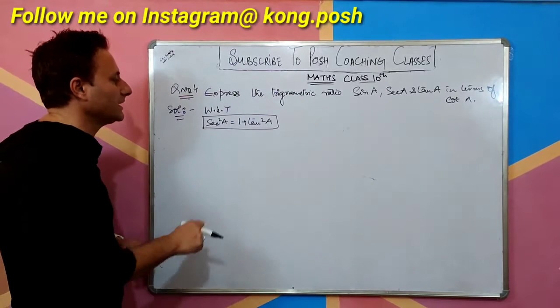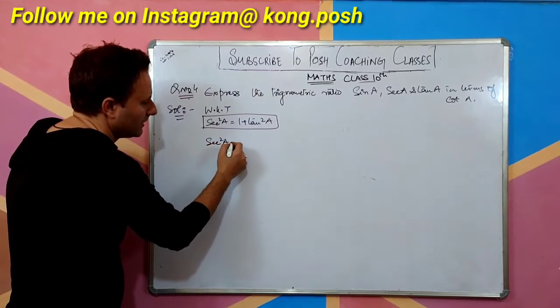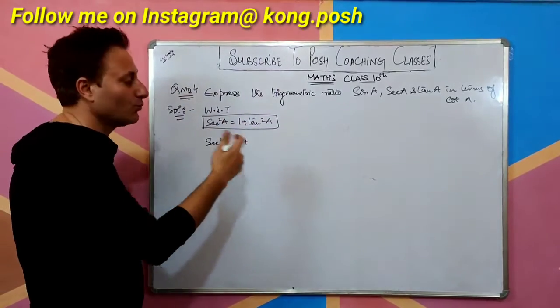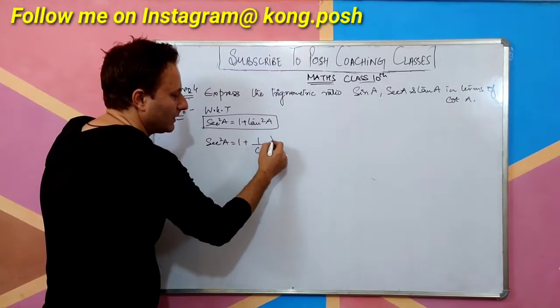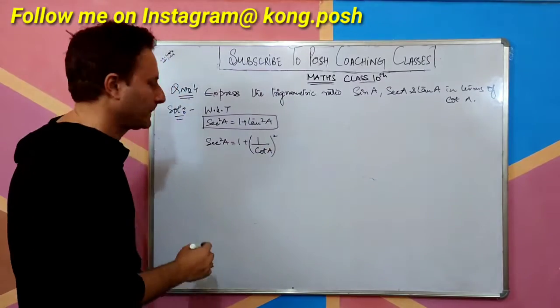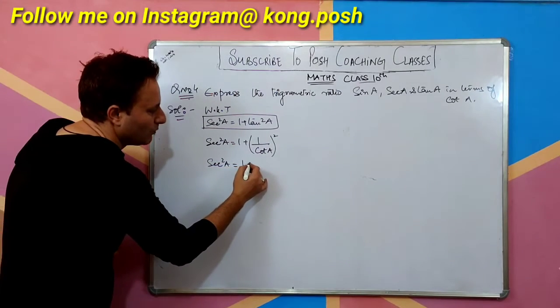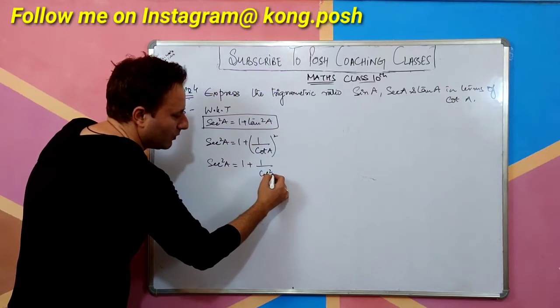So sec square A is equal to 1 plus, and I know that tan is 1 upon cot, so I'll write 1 upon cot A whole square. So what does this become? Sec square A is equal to 1 plus 1 upon cot square A.